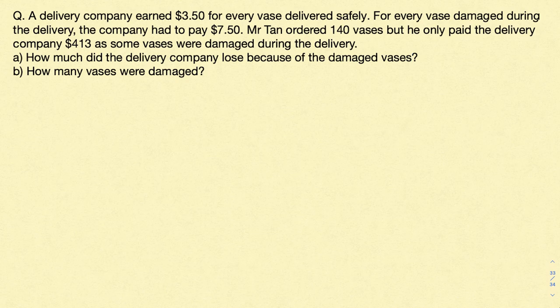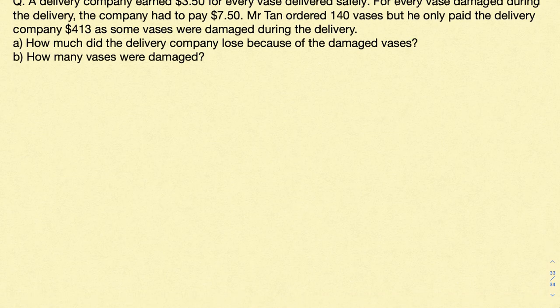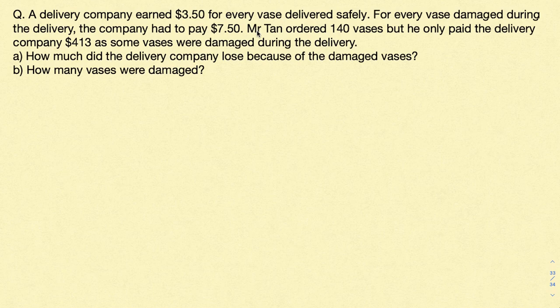Okay, so what we have here is that a delivery company earned $3.50 for every vase that is delivered safely, and if the vase is damaged, the company has to pay $7.50 to the customer.